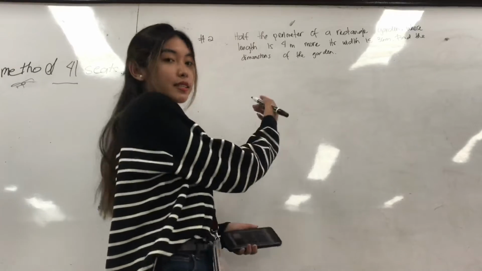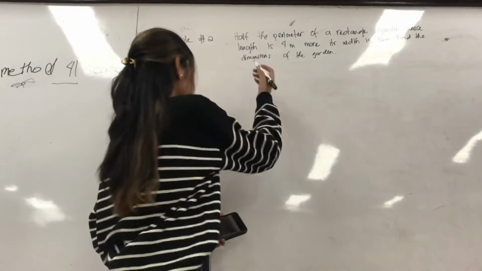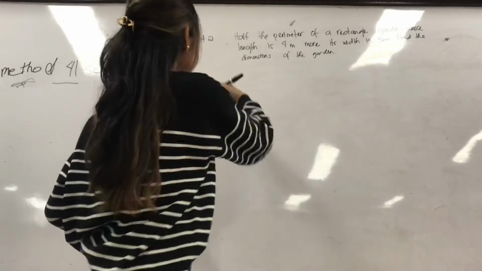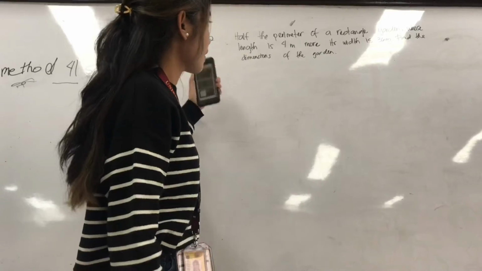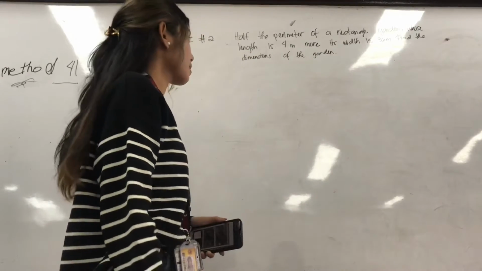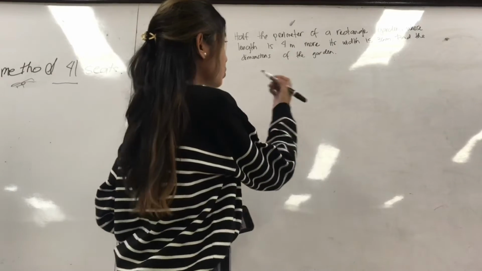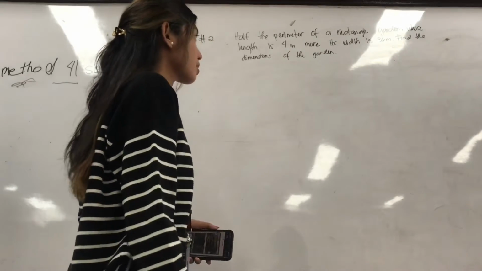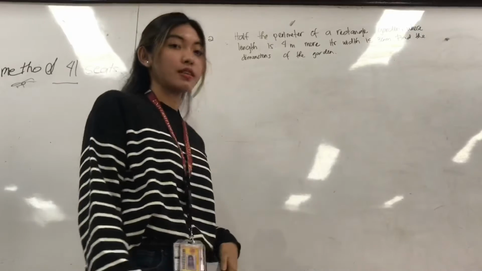The second example for the graphical method of linear programming is this. Half the perimeter of a rectangular garden, whose length is 4 meters more than its width, is 36 meters. Find the dimensions of the garden.